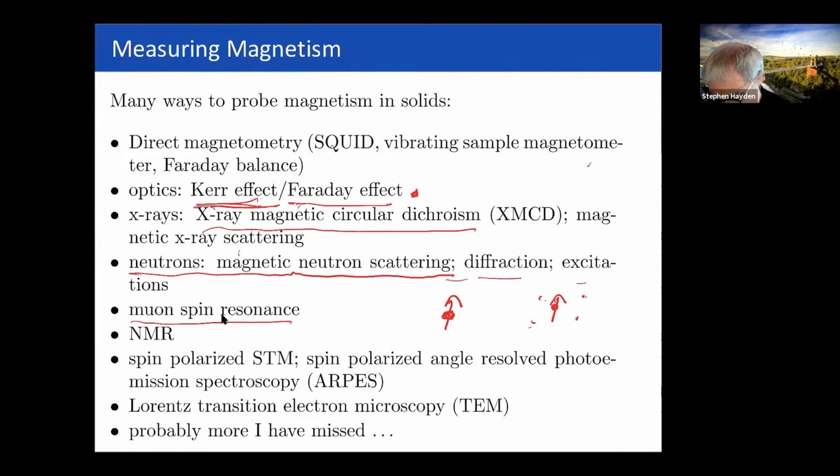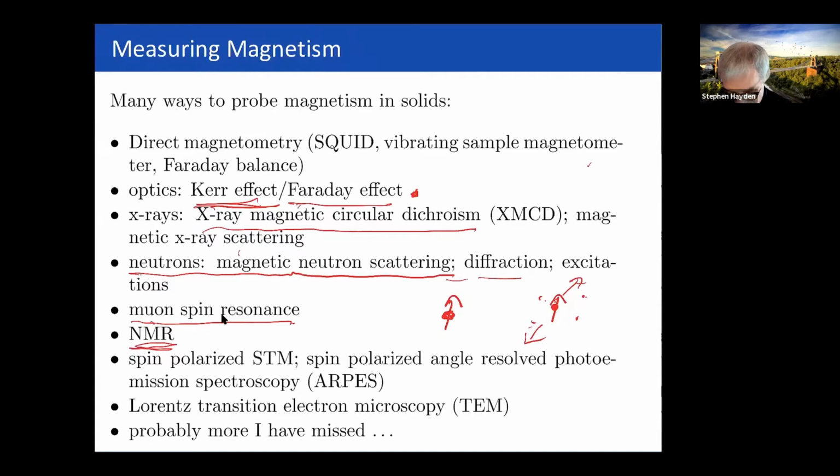You send it in with a certain spin, and it sits there. The spin precesses, and then after a while, the muon decays because it's not a stable particle, and then it emits 2 gammas according to the moment's orientation at the time it does that. So by looking at the direction these gammas are emitted, you can determine how much magnetic moment it's seen inside the solid. So that's another microscopic technique for looking at magnetism.